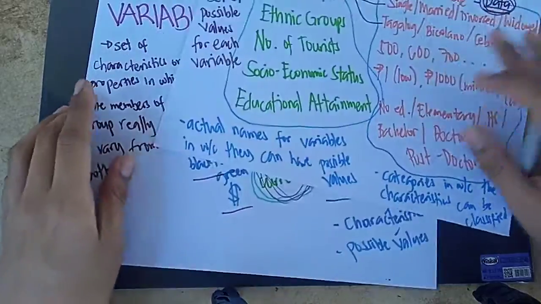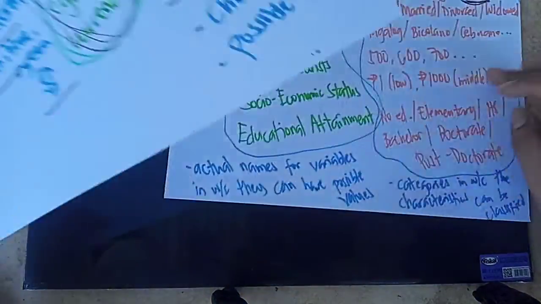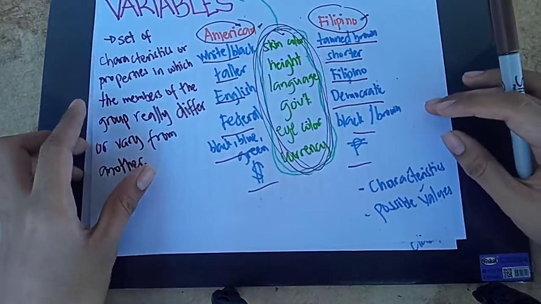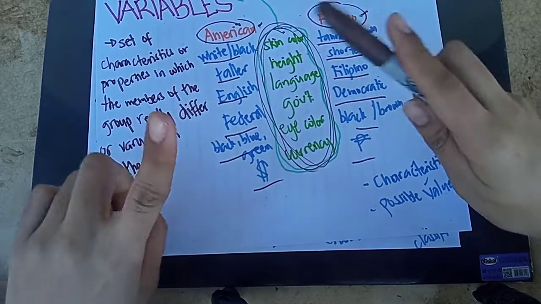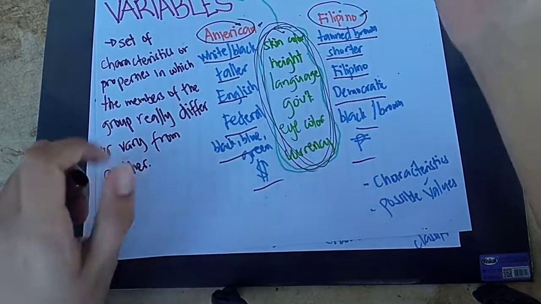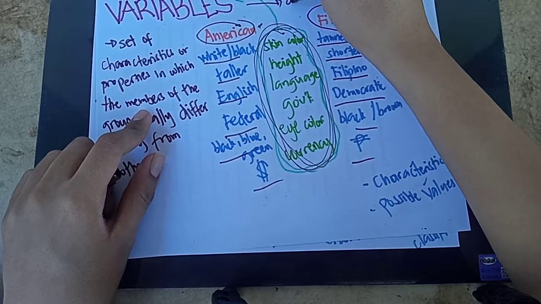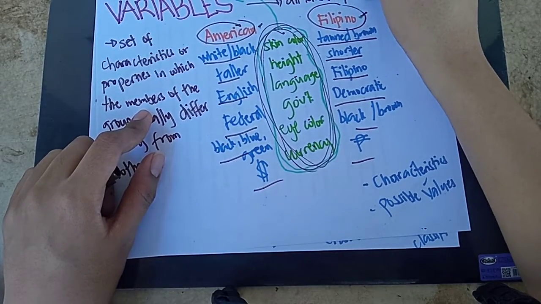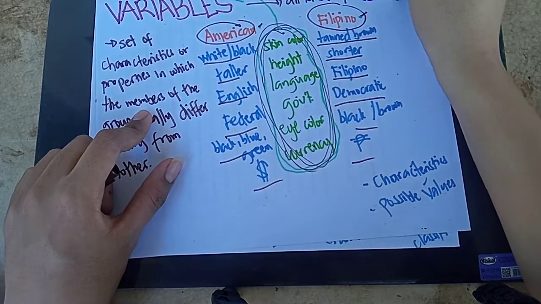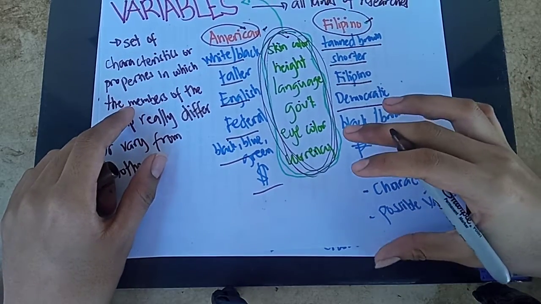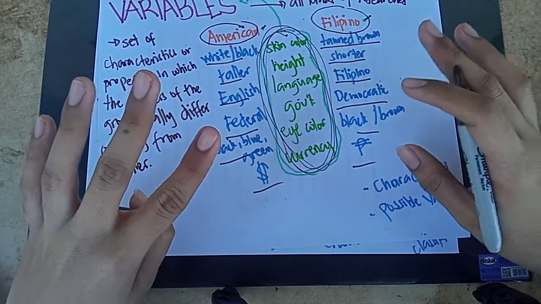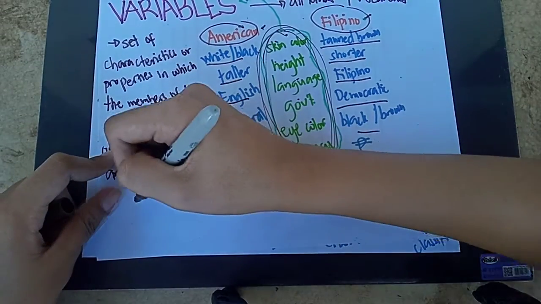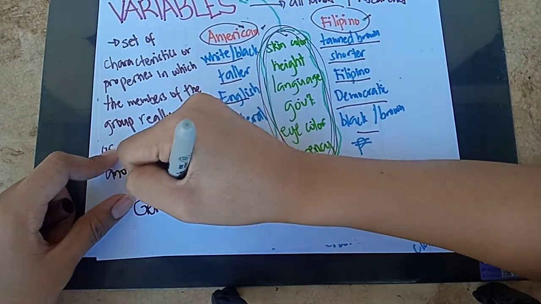Now, variables are not only present in quantitative research. Actually, variables are present in all kinds of researches. All kinds of researches make use of variables. And variables are generally classified into two.